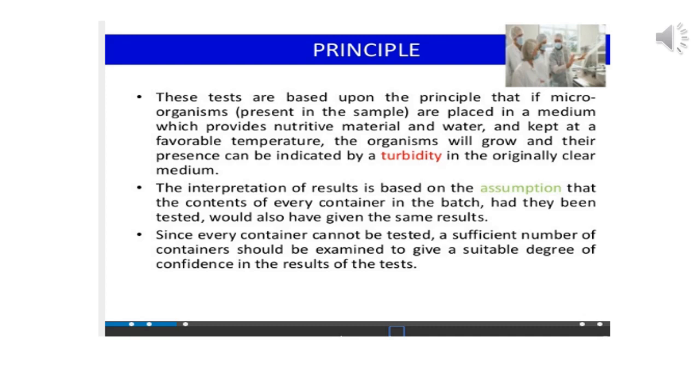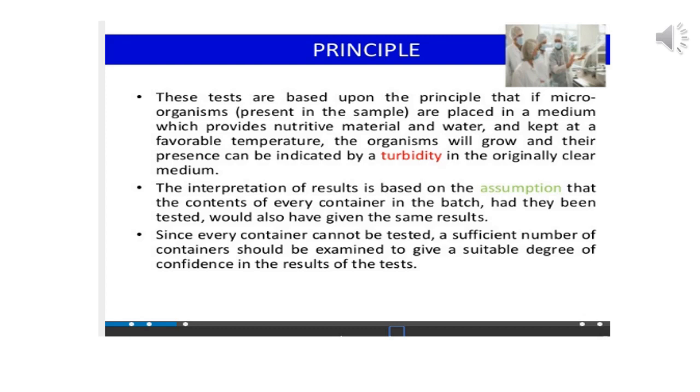Take an example of an IV injection. We are performing sterilization on the IV injection, whether it is in-process sterilization or terminal sterilization. Now how can we be sure that the sterilization that we have carried out is perfect?